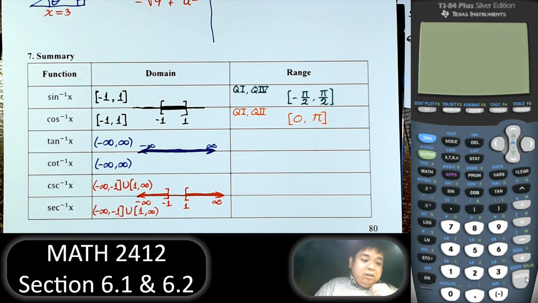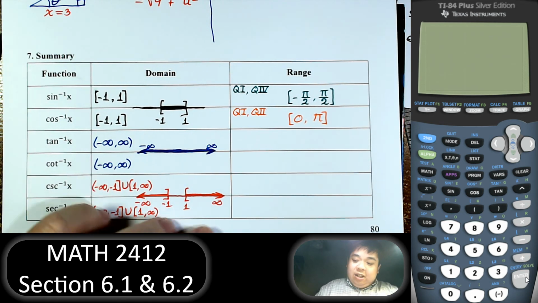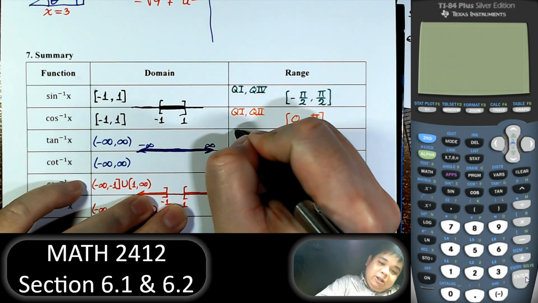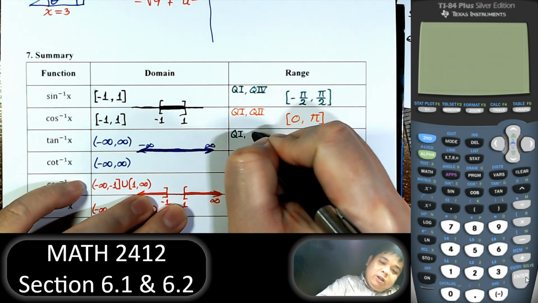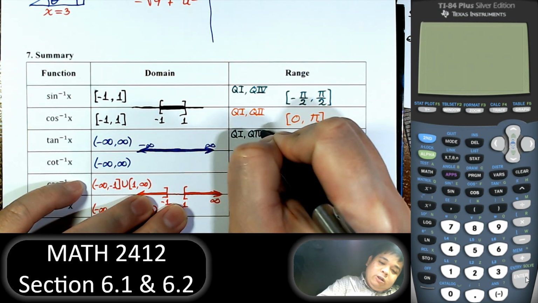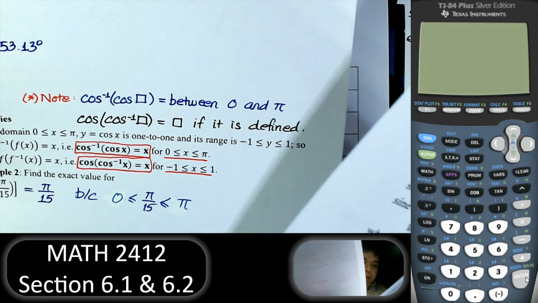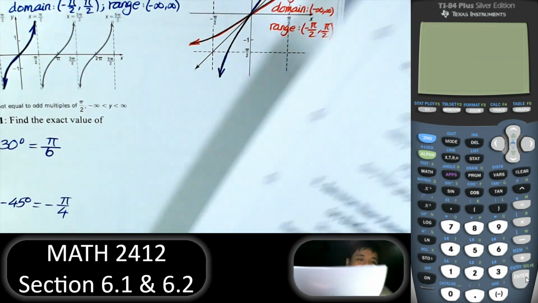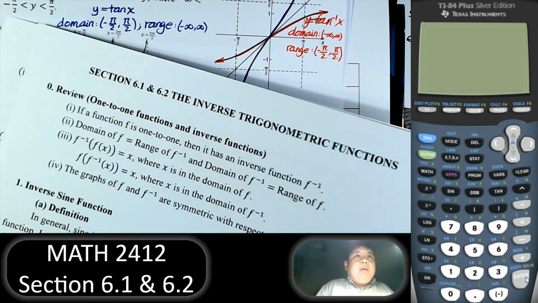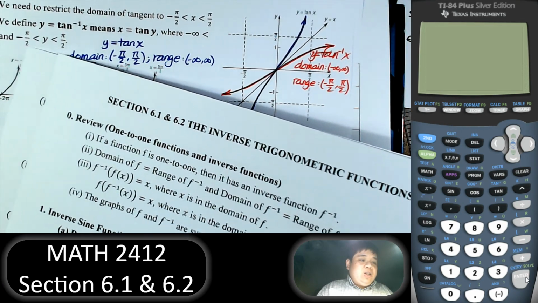Next, tangent inverse and cotangent inverse, one at a time. Tangent inverse, still quadrant 1 and quadrant 4. But what is different for the tangent inverse? Negative pi over 2 and pi over 2, but there's no endpoint.